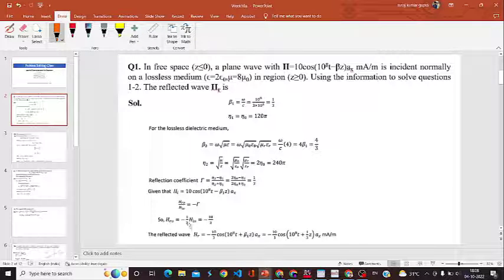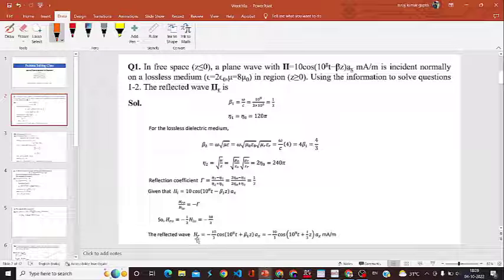So you can calculate the amplitude of the reflected magnetic field, which will be equal to minus 1 by 3 into the amplitude of the incident magnetic field. This is equal to 10, so you can put the value of H i naught here. The amplitude of the reflected wave will be equal to minus 10 by 3.